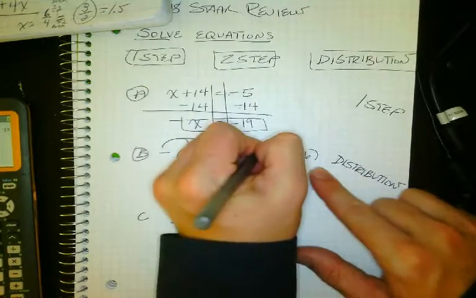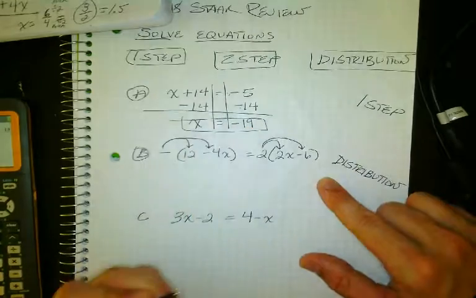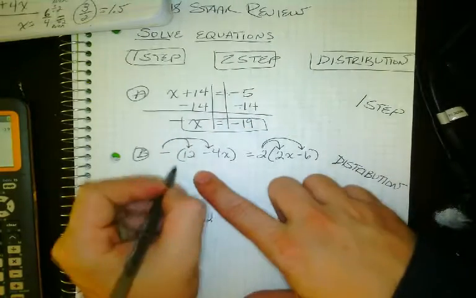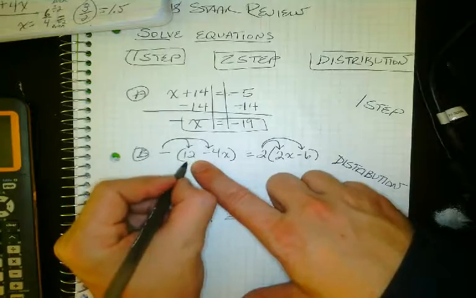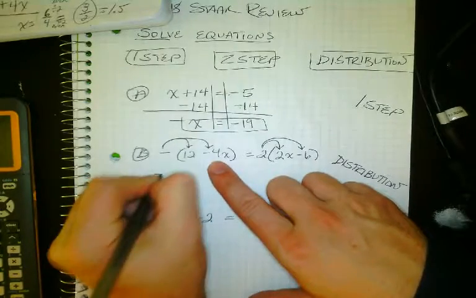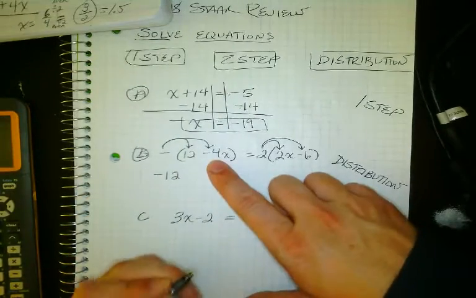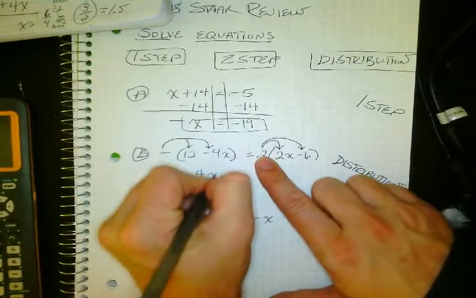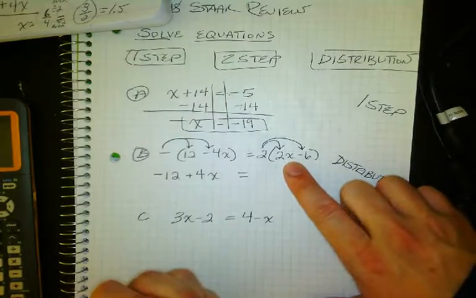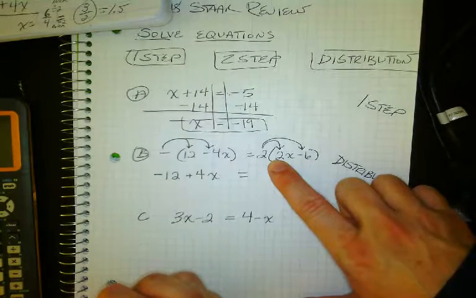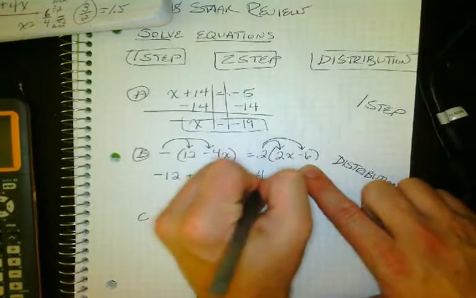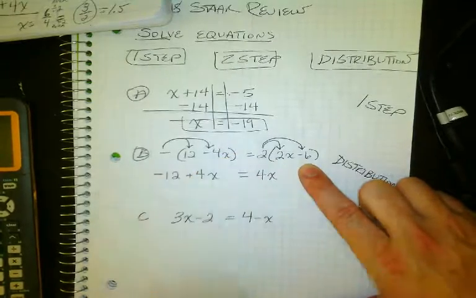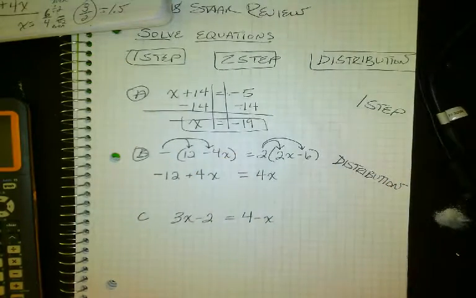We're also going to do it on this side too. Okay, so good. I think, Alan, you've got it. We're going to say negativo y 12 is negativo 12. Más 4x, muy bien, igual. ¿Otra vez? 2 por 2x es 4x, muy bien.